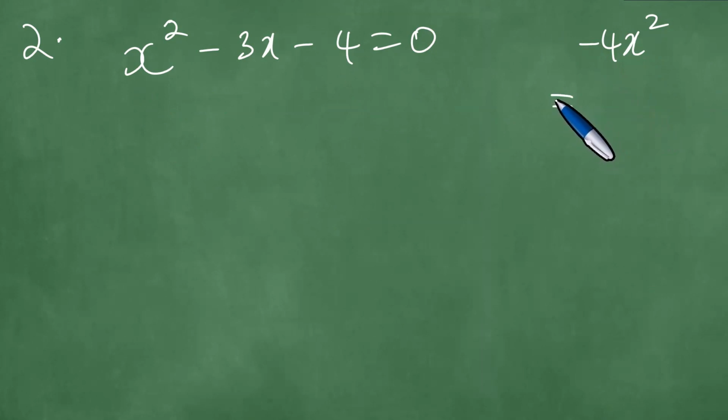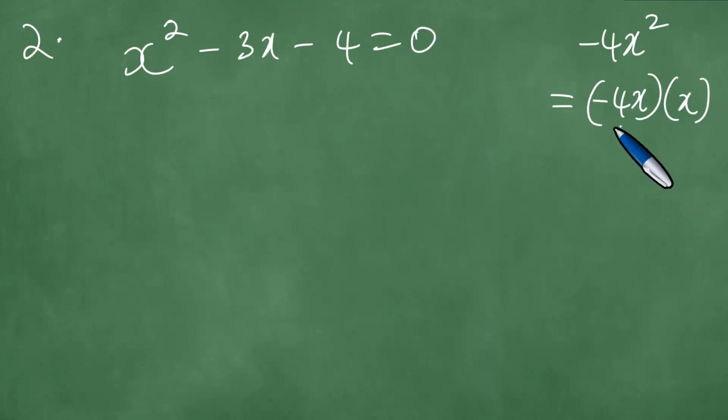The next thing is we look for factors of minus 4x squared. Just think of minus 4. What are the factors of minus 4 which when added give minus 3? Those factors will be minus 4x and x. Because if you multiply minus 4x and x, the x times x is x squared, and the minus 4 is there.